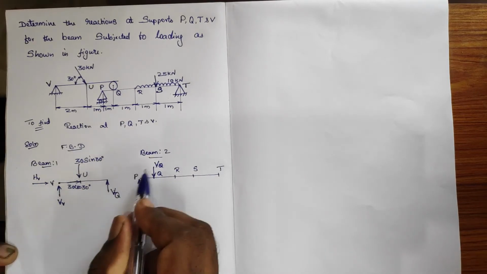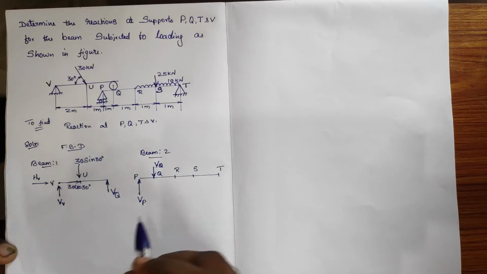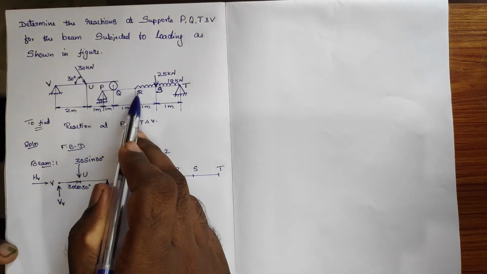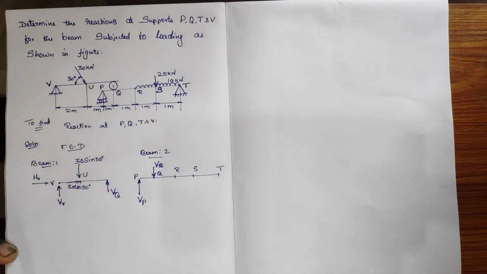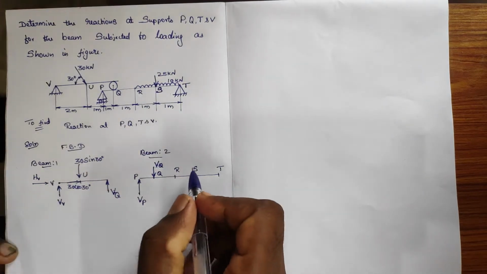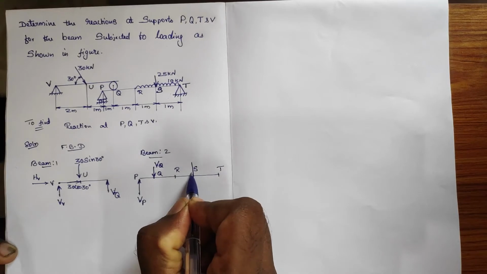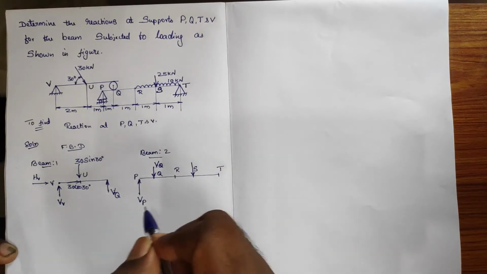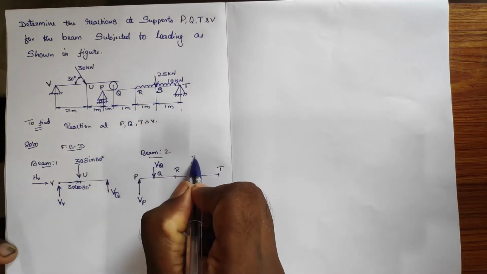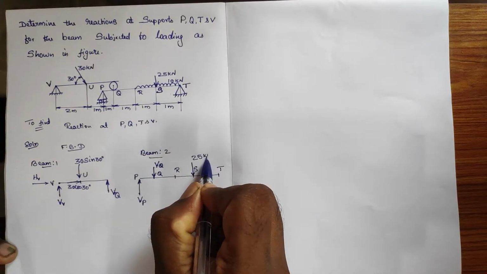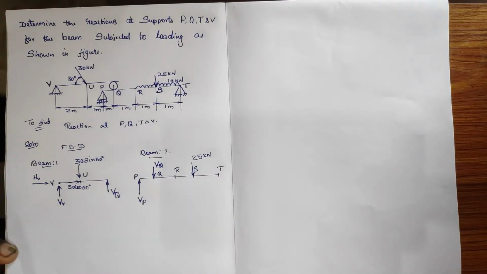And from R to T there is a UDL, which we shall come to last. Here we have the 25 kilonewton force, so I am just adding it, right?